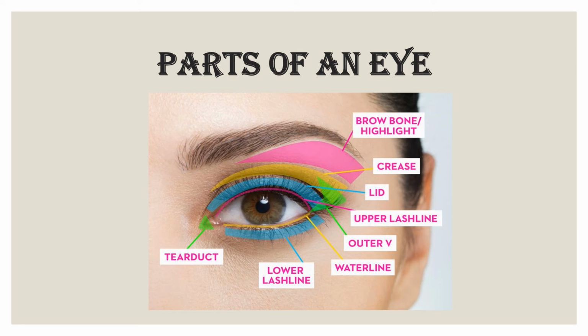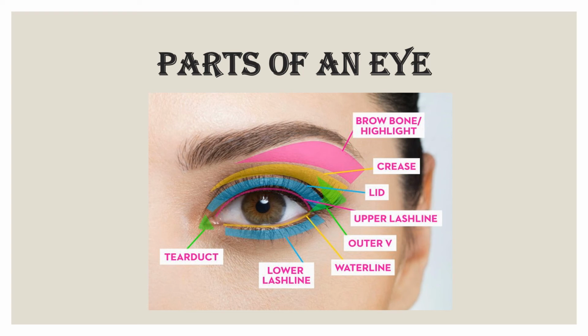So here you can see in the picture given, the pink area is called the brow bone or the highlighter area. Highlighter area means this area we highlight with a highlighter color. The highlighter colors can be silver, can be gold, peach. These kind of colors are used for highlighter.